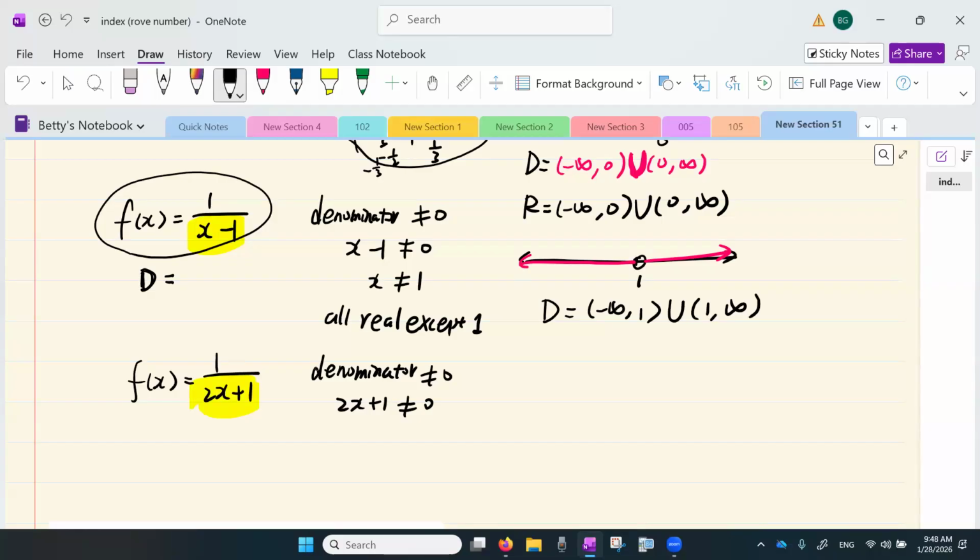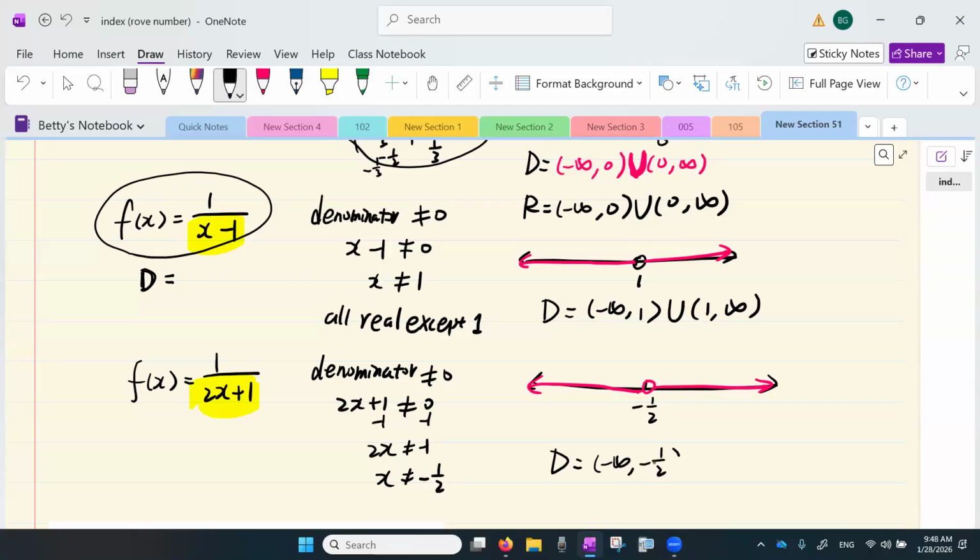So 2x plus 1 cannot be 0, so 2x cannot be -1. x cannot be -1/2. So the domain of this function is all real except -1/2. We exclude -1/2 from the real number line. So the domain is the union of 2 pieces: -infinity to -1/2, open, union -1/2 to +infinity. Any responses? Does that make any sense?